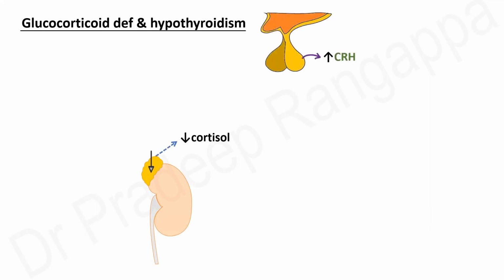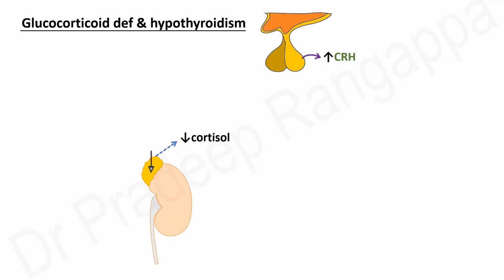So there are other causes. As I said, for calling it SIADH, we have to rule out hypothyroidism or glucocorticoid deficiency, which means to say hypothyroidism and glucocorticoid deficiency also cause hypoosmolar hyponatremia with normal extracellular fluid. So when there is a glucocorticoid deficiency, when there is reduced cortisol production, this is sensed by the pituitary, which increases the production of corticotropin releasing hormone.